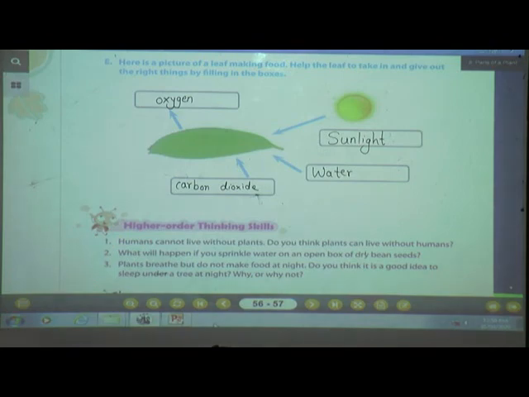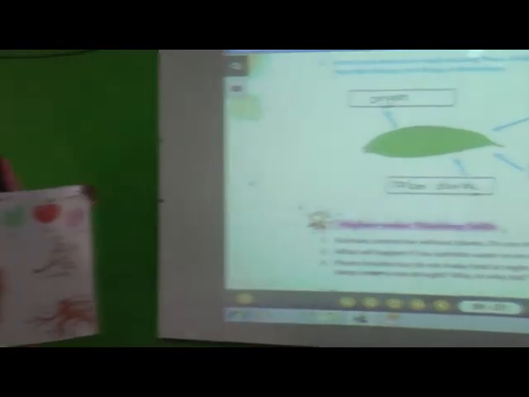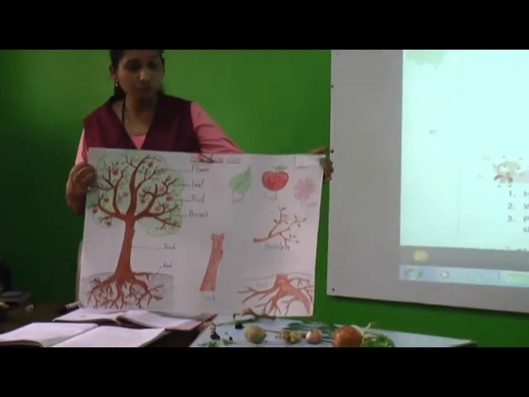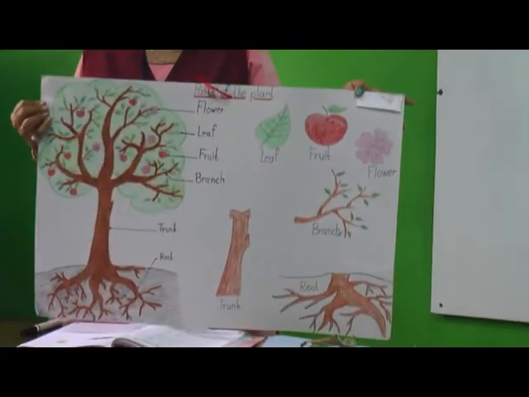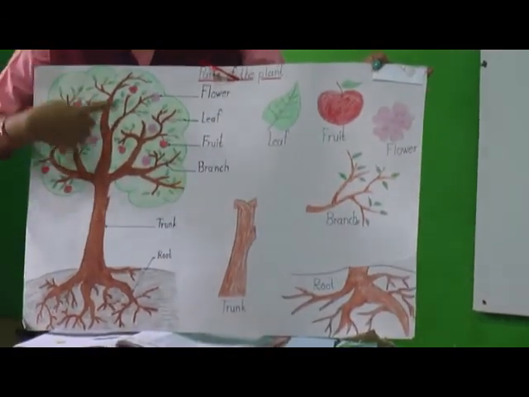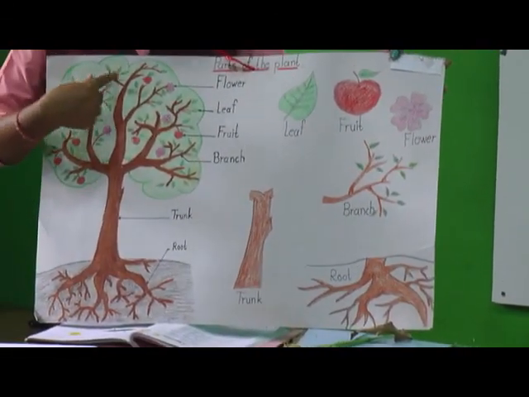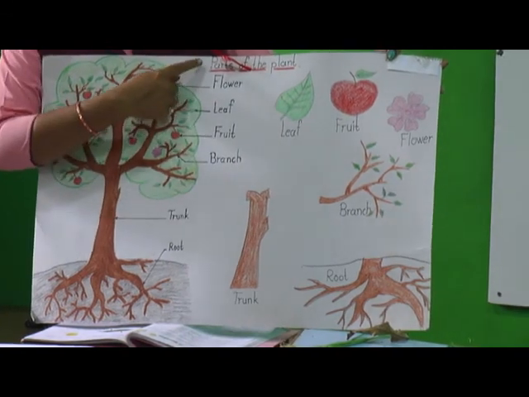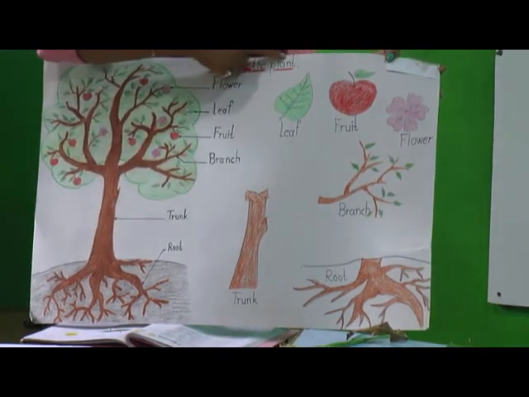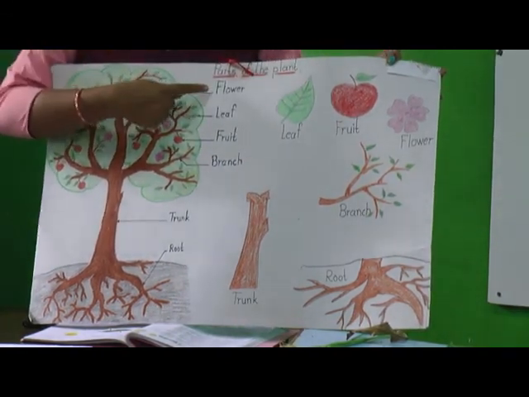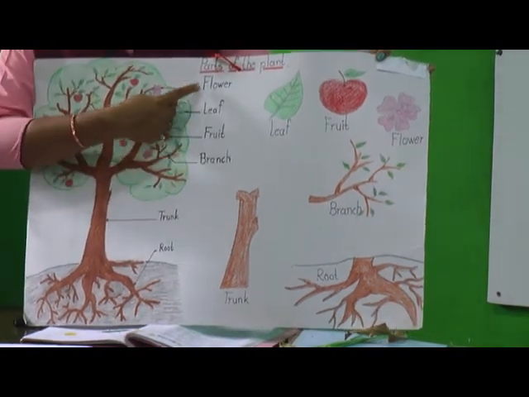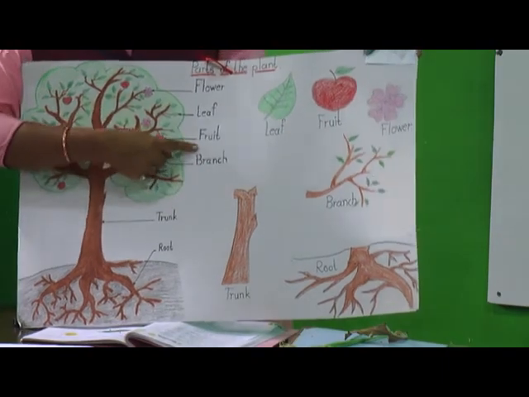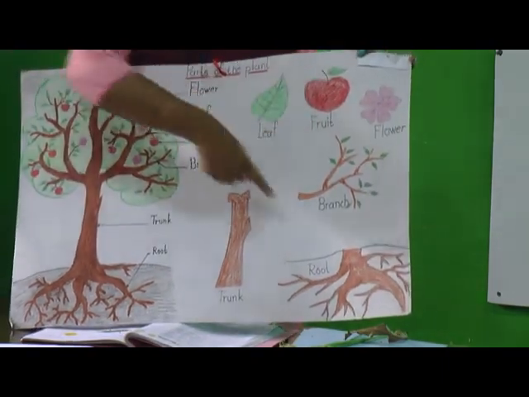Okay. Now here I would like to tell you about one activity which you are going to do at home. Take one chart paper and draw a nice tree in this way and write the heading parts of the plant, and give the different parts of the plant with the names.